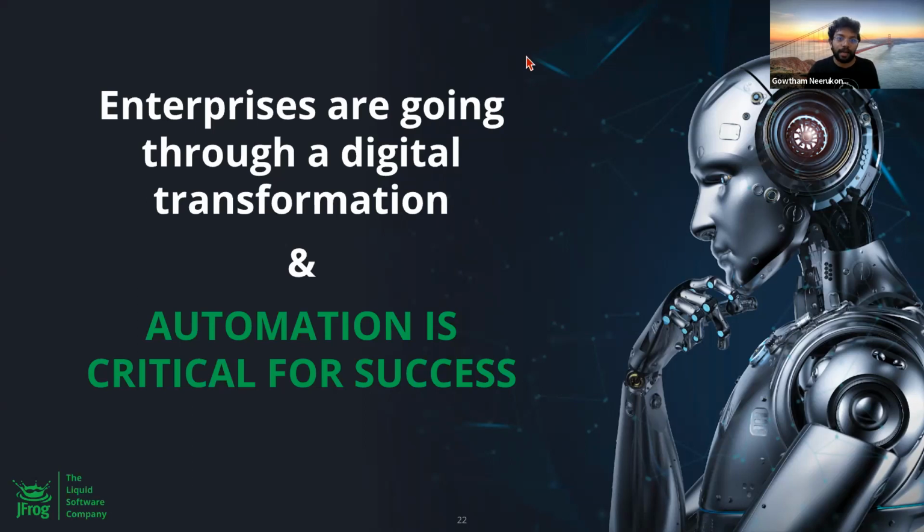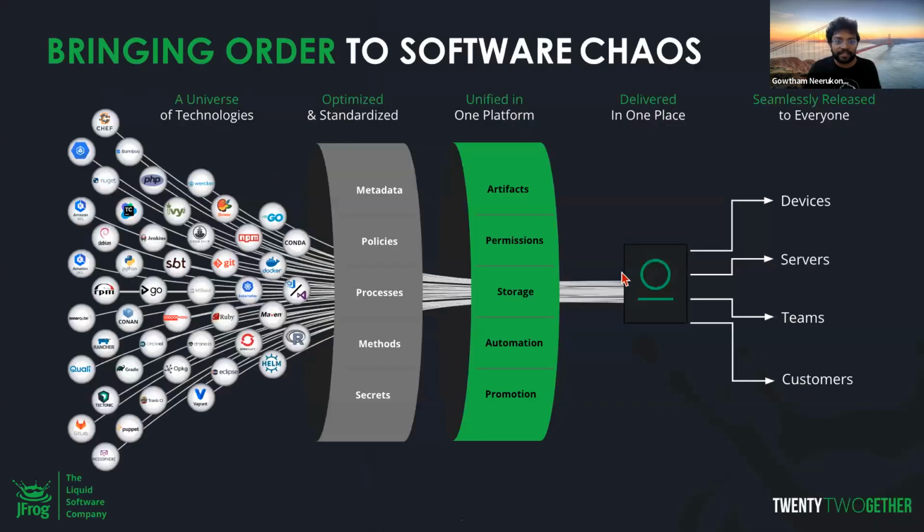And the JFrog platform as a whole, with Artifactory as the centerpiece, can help you manage the software chaos and organize the binaries in an efficient manner, control the RBAC as well as maintain the full metadata around a given artifact, and be a single point of contact or single source of truth for all of your devices, servers, teams, and customers, even for your developers, release engineers, build engineers, ops teams, DevOps teams.